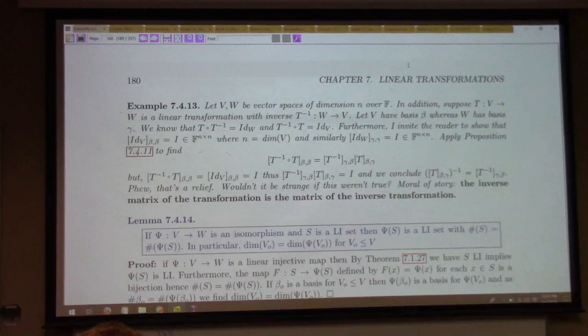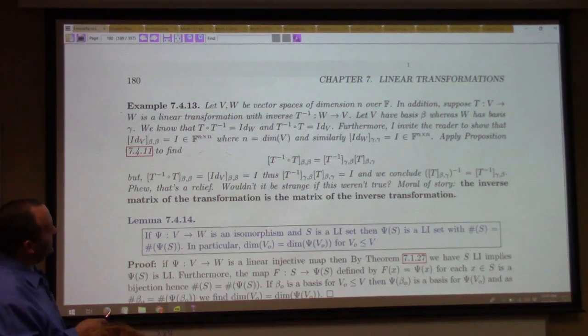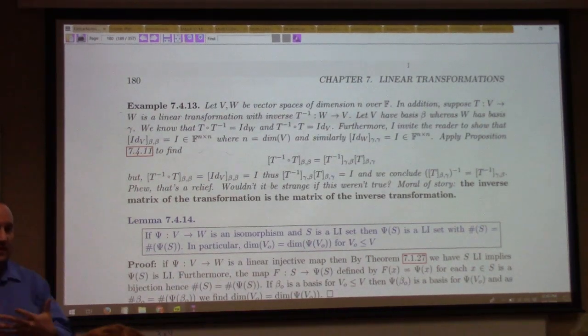So that's a nilpotent order 2 matrix. Now, this example is actually even more interesting because it says that there's a connection between invertibility of the linear map and invertibility of the matrix of the map.